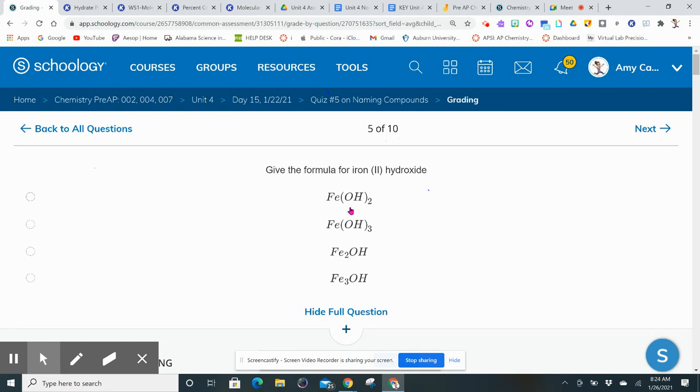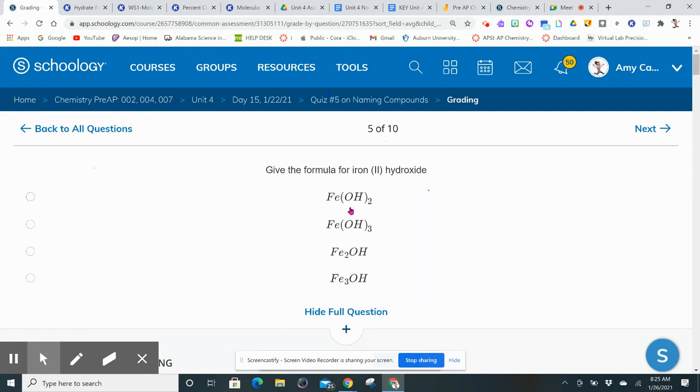Remember I told you this was number 4? Write this down. Roman numerals are only for transition metals. So that Roman numeral tells me iron is a transition metal. Okay? It also tells me the charge. So maybe that should be number 5 that we write down.